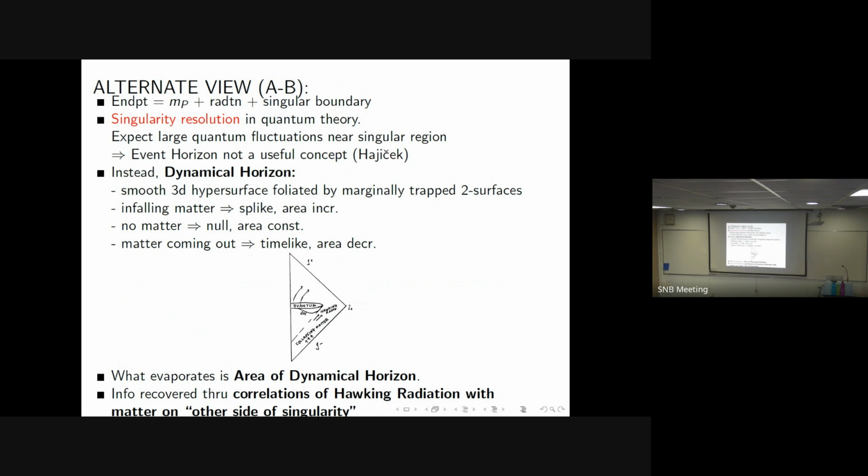It is not that matter is coming out, it is that negative energy matter is falling in. Positive energy matter falling in increases the area. Negative energy matter falling in decreases the area and the horizon becomes time-like. So you have a dynamical horizon that starts out space-like, goes on increasing as matter is falling in, and then becomes time-like over here.